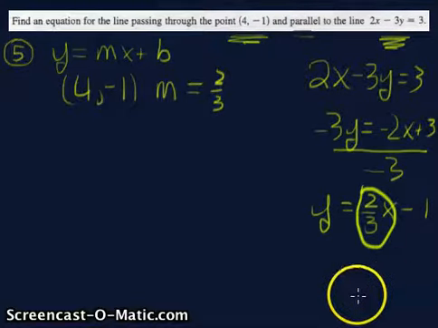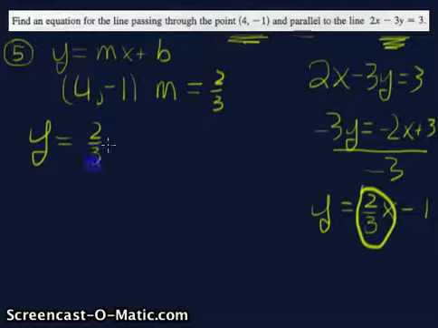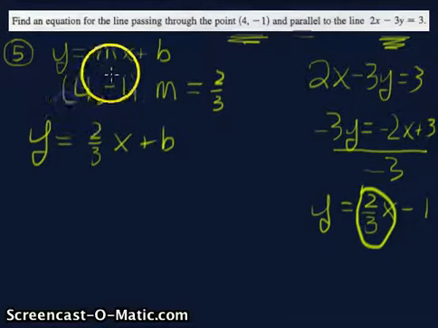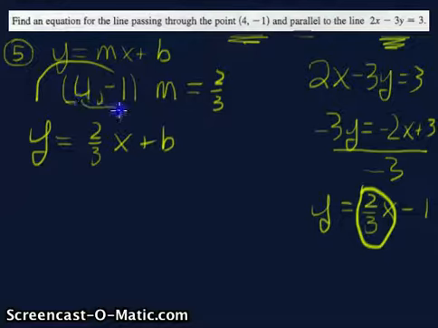All right, so write an equation. Well, y equals 2/3x plus b. Remember, we're going to put the -1 in for y and the 4 in for x.